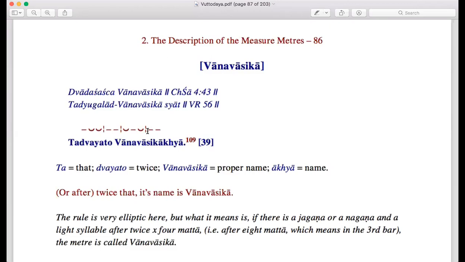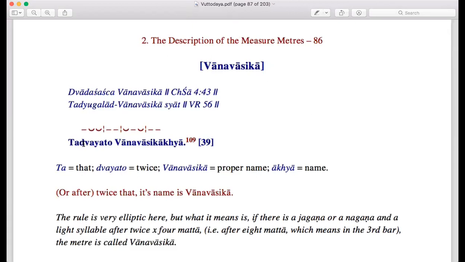Tadvayato: ta and dvaya. To is a suffix in the meaning of Panchami Vibhatti. So Tadvayato means after 2 of that, those conditions should be there. The conditions are not directly mentioned here. We should draw those conditions from the previous verse to this verse.